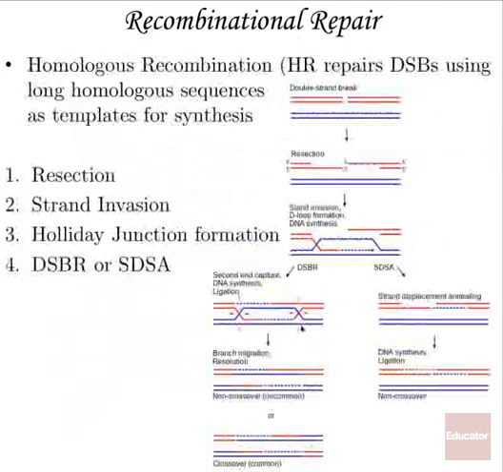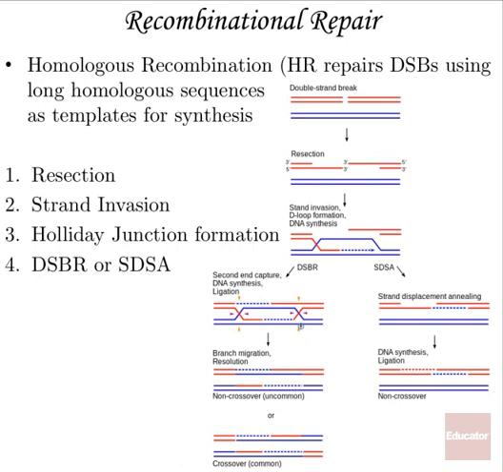All right. And finally, we have recombinational repair. So we have homologous recombination, HR, which repairs double-stranded breaks using long homologous sequences, as the name would call out. They use homologous sequences as templates for synthesis.